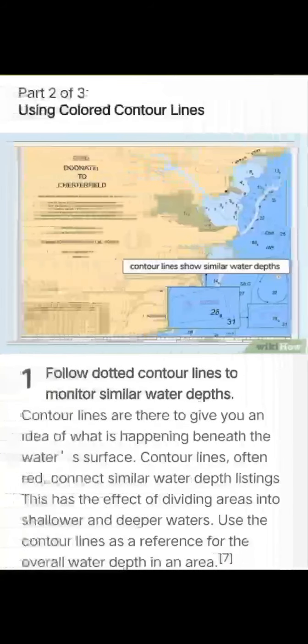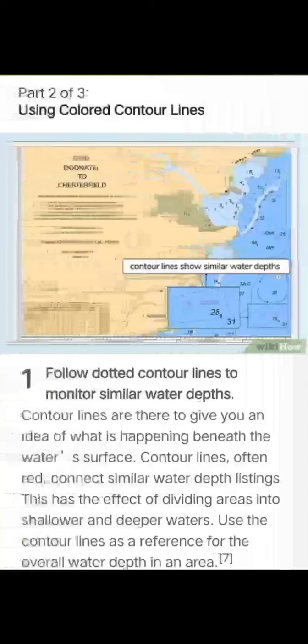Part 2 of 3. Using colors and contour lines. Follow dotted contour lines to monitor similar water depths. Contour lines are there to give you an idea of what is happening beneath the water surface.